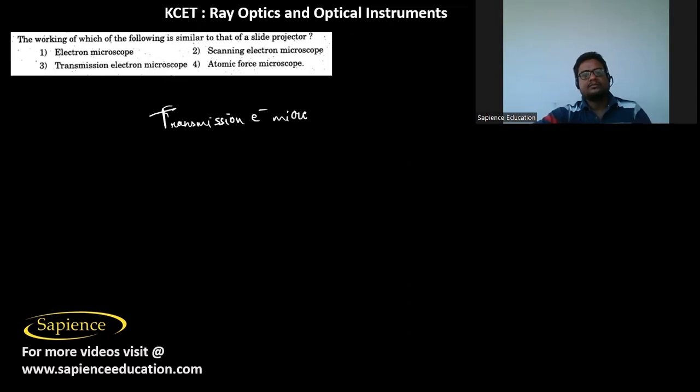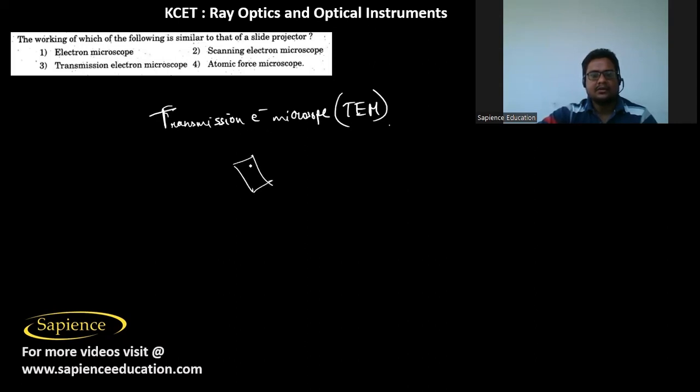It is acting as a slide projector since here one slide is kept and some sample is placed on it, and the particles inside that sample are then projected on a screen. So it is acting like a slide projector. So option 3 is the correct answer.